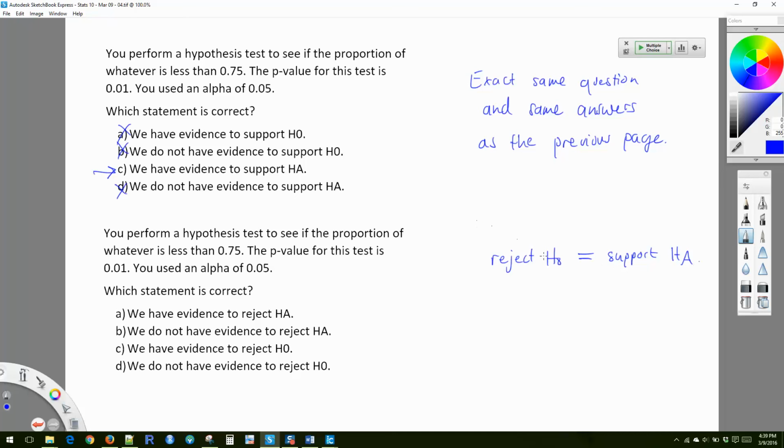We will never talk about rejecting the alternative. So A and B right off the bat we know are wrong, because we will never talk about rejecting the alternative. It really comes down to whether we reject the null or not, and that depends on how the p-value compares to alpha.